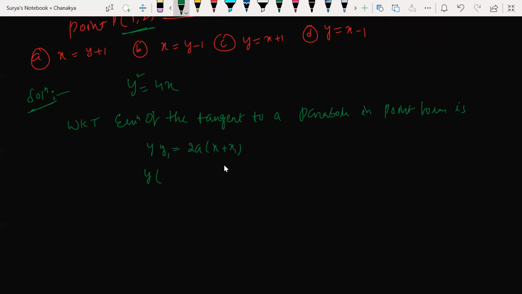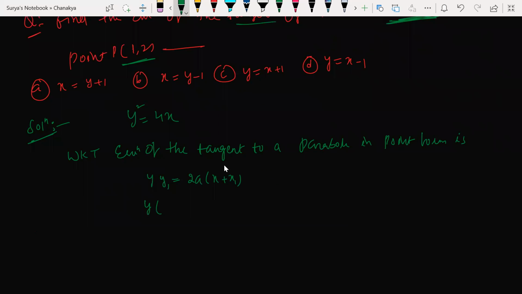So y into y1. What is y1 here? The point given, x1 comma y1, is 1 comma 2. x1 is 1 and y1 is 2. 2 into a. What is a here?